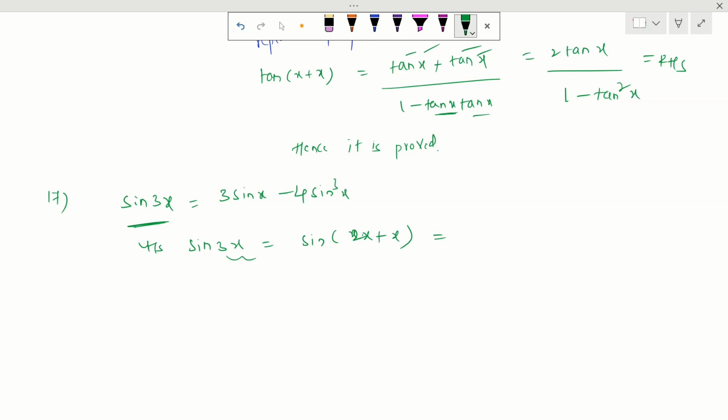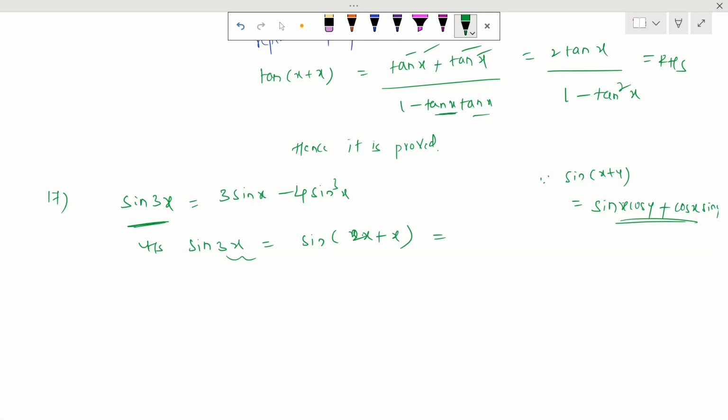So we know the formula for sine of x plus y: sine of x plus y is sin x cos y plus cos x sin y. This one we know, right?